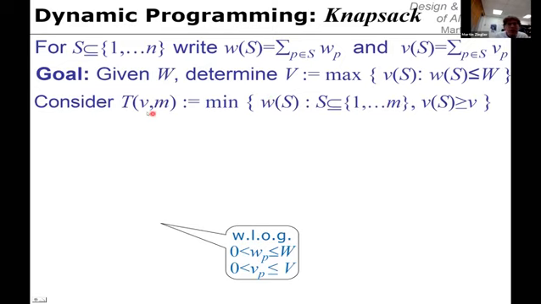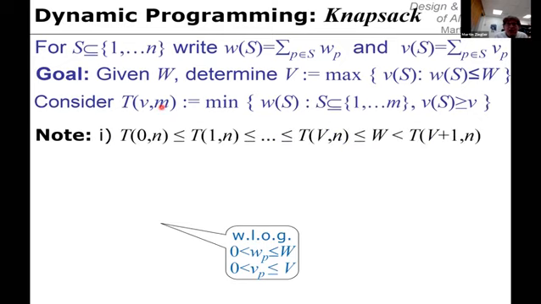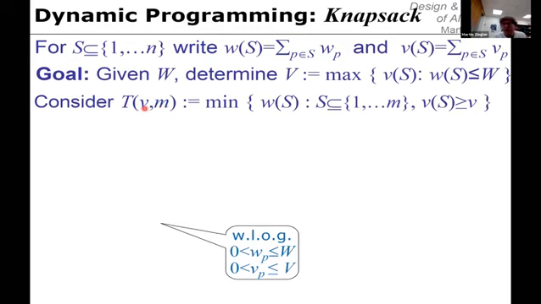This is going to be a two-dimensional table, one dimension for the possible values, one dimension for the possible range of packets. And in the end, if we have filled the table, then we can just read off our solution.